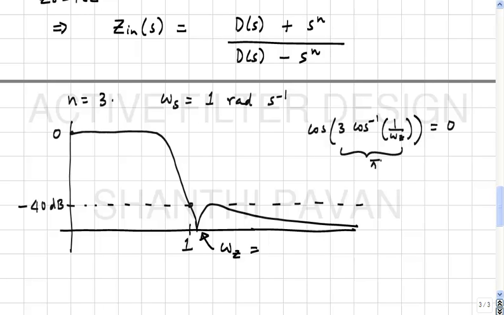Pi by 2. So the first value is pi by 2, which means that 1 by cos pi by 6 is the zero of transmission. What is 1 by cos pi by 6, people? 2 by root 3.